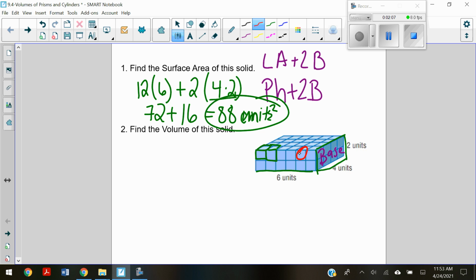So if I'm counting the number of cubes, I'm just going to erase what I was writing so we can see. So I'm going to count cubes. So here's 1 cube, 2, 3, 4, 5, 6, 7, 8, 9, 10, 11, 12, 13, 14, 15, and so on up to 33.